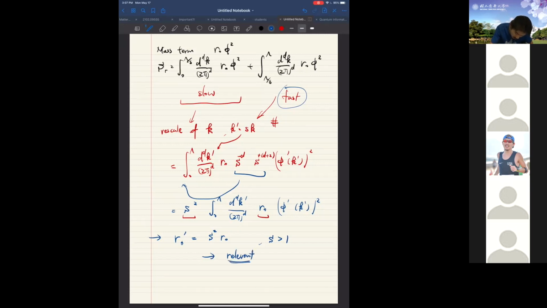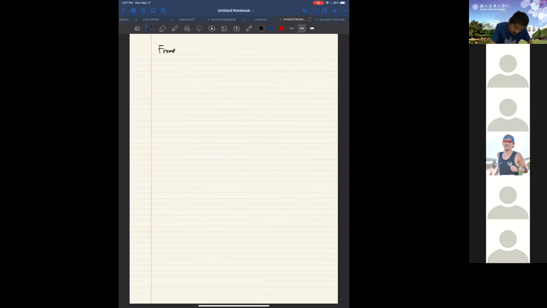As you know, the correlation function near the critical point is divergent, and the divergent behavior corresponds to the mass term. So, sorry, the correlation length.